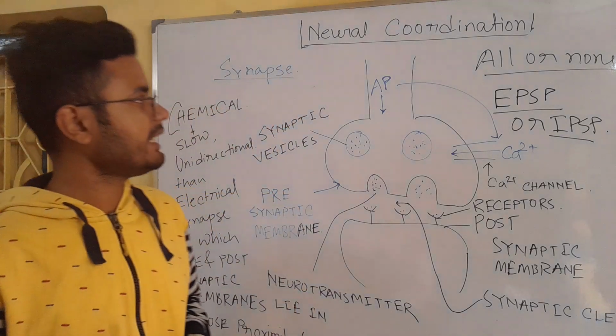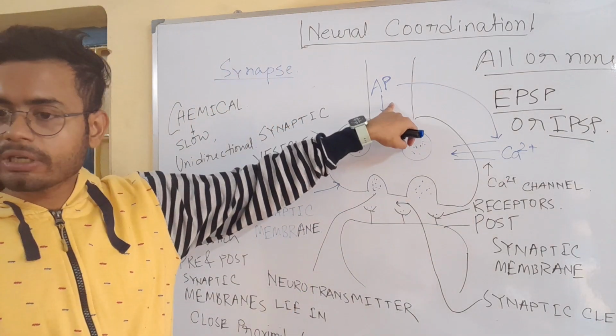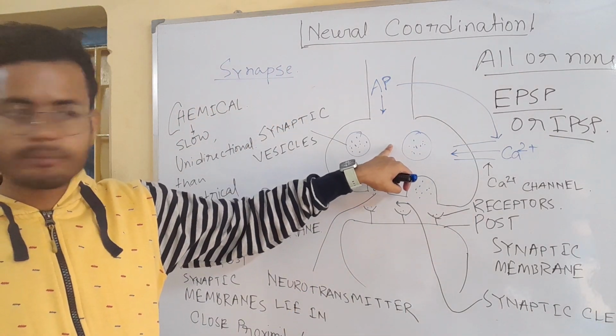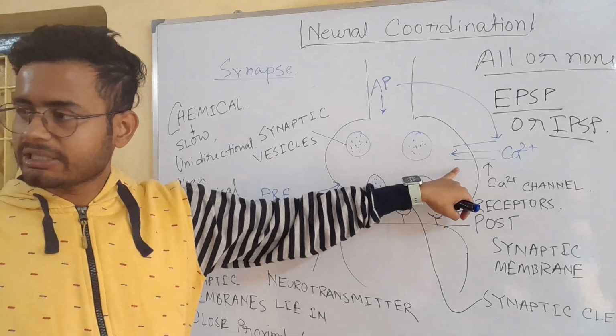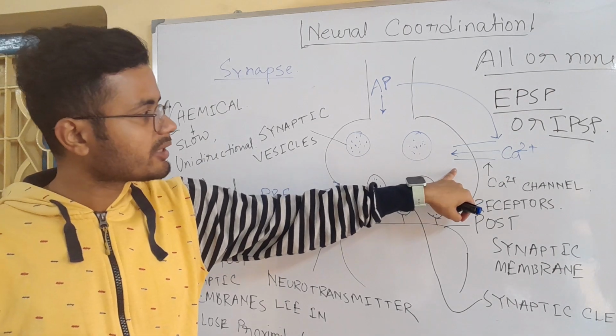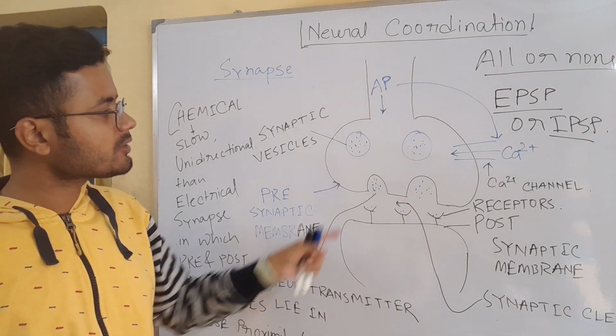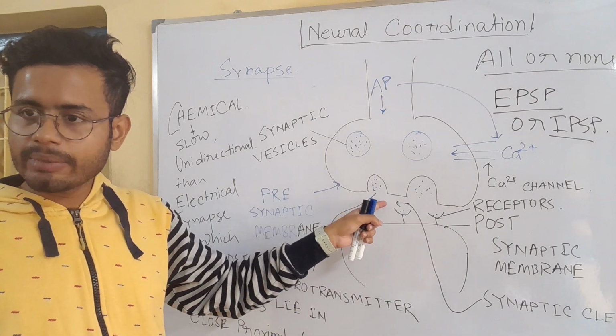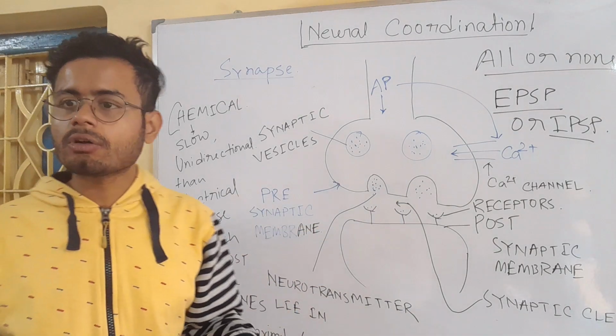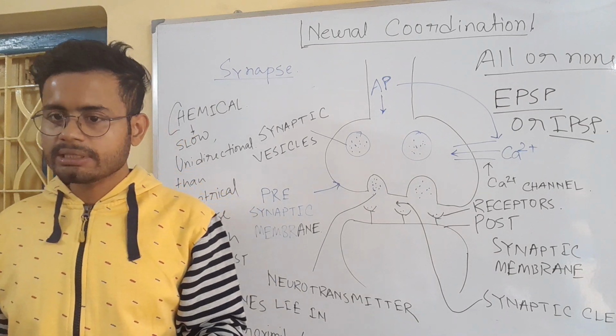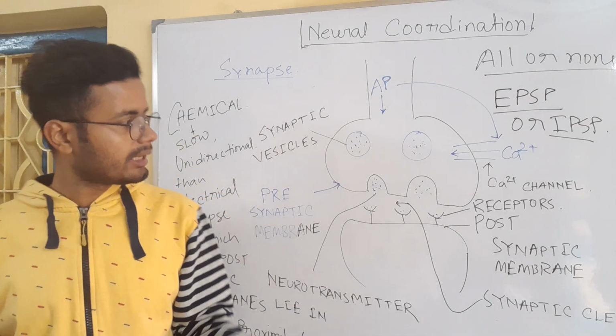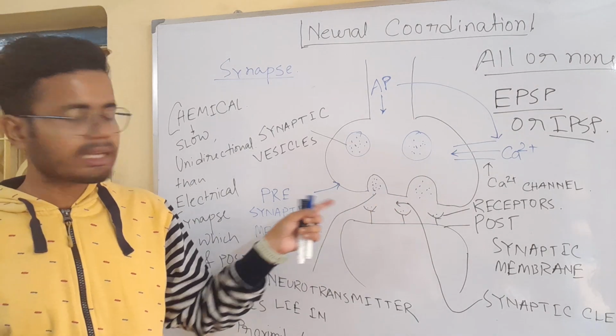So what are the key takeaways from this? The action potential arrives at the axon terminal, then this opens the calcium ion channels, and these calcium ions cause the synaptic vesicles to fuse with the presynaptic membrane, and release their content by the process of exocytosis into the synaptic cleft. Now neurotransmitters are in the synaptic cleft.